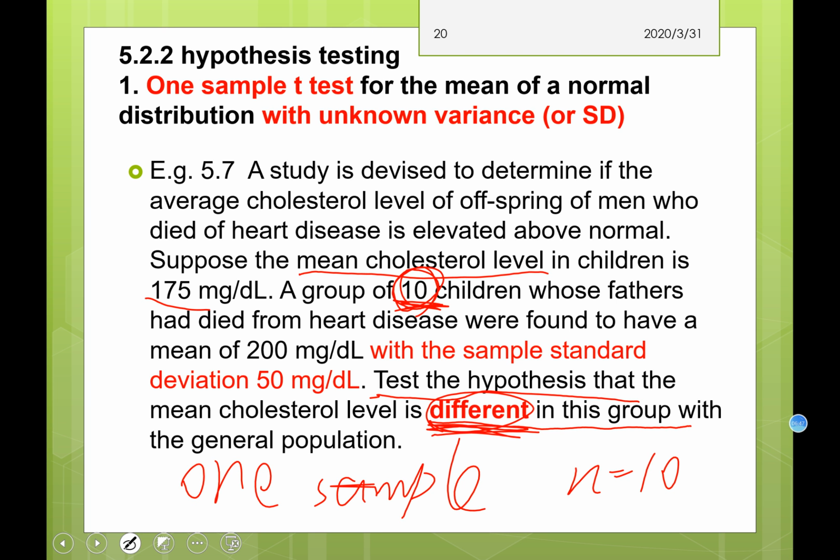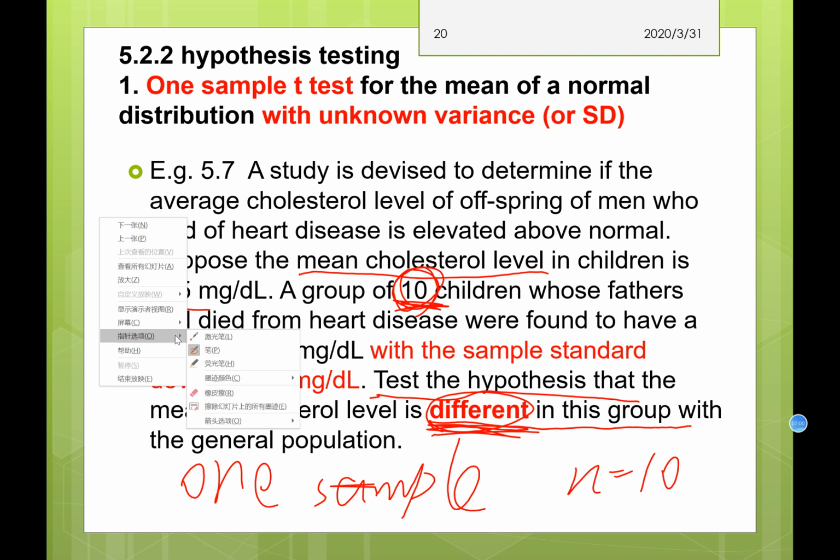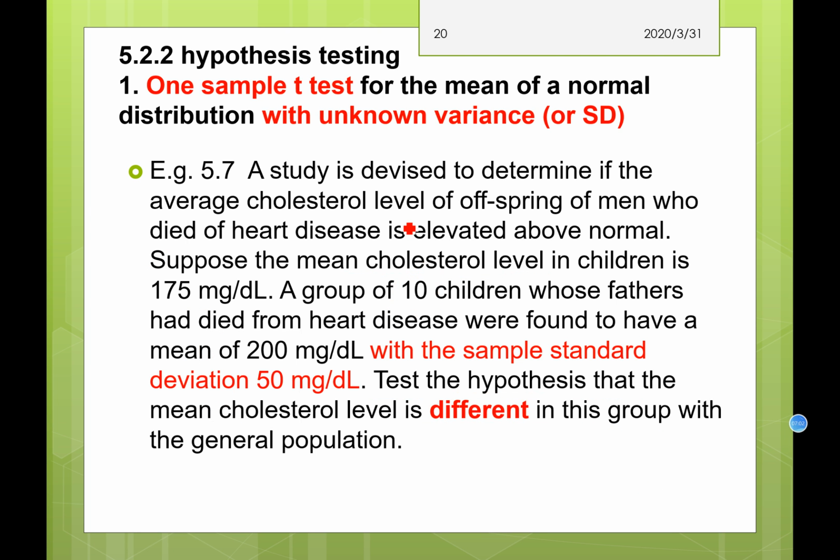But till now, we don't know which method we can use, z-test or t-test. Okay, next one. How can we know if we can use t-test or z-test? We need the precondition, right? We have mentioned that the difference between t-test and z-test is their preconditions.